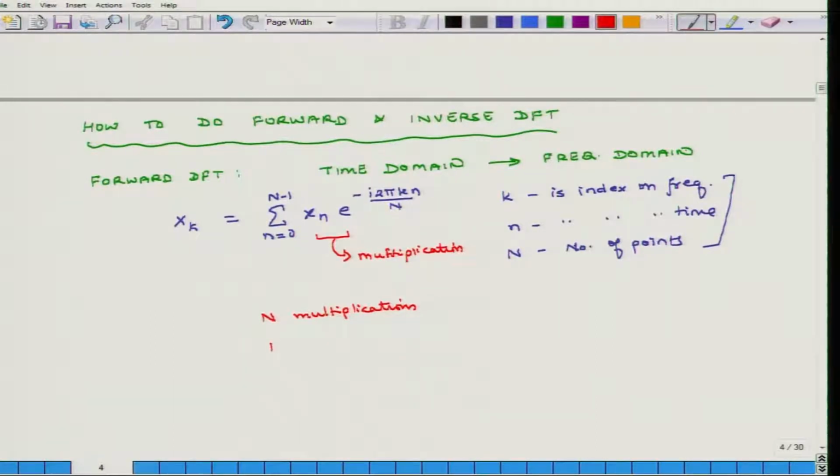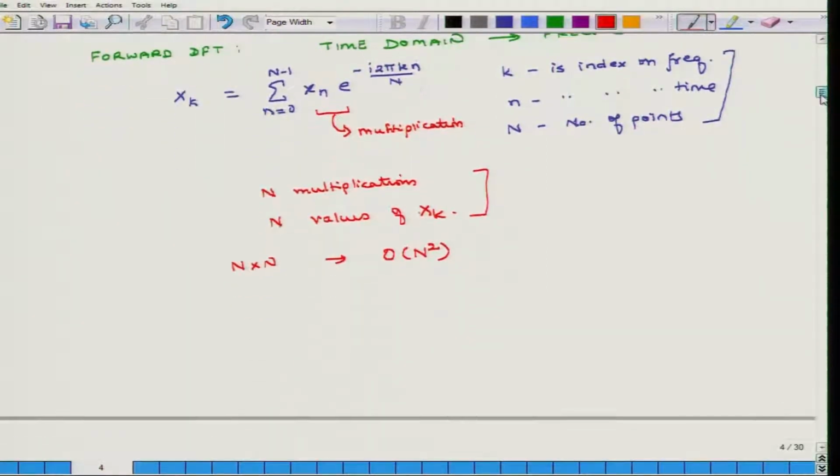So, total number of multiplications which is required to be done is n times n, or it is the order of n square. So, the total number of computations which we have to do in the forward DFT is of the order of n square.